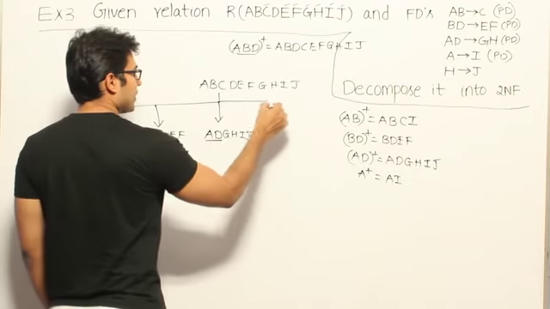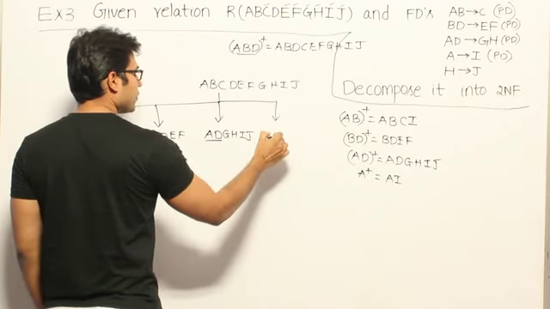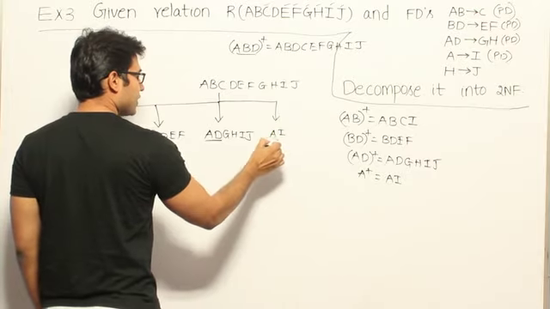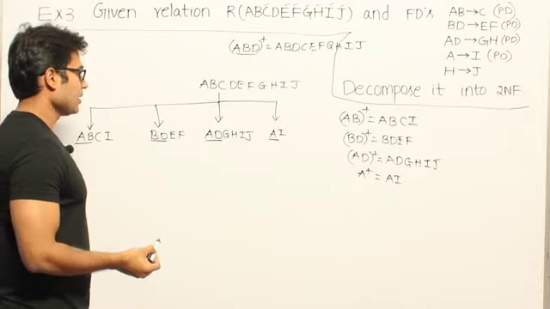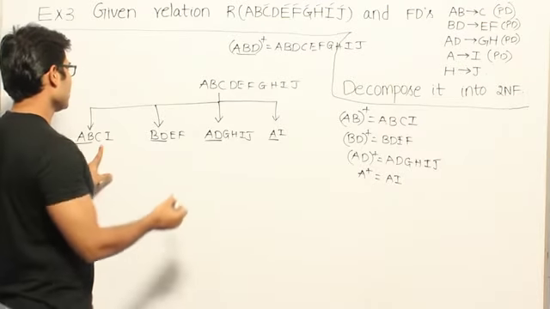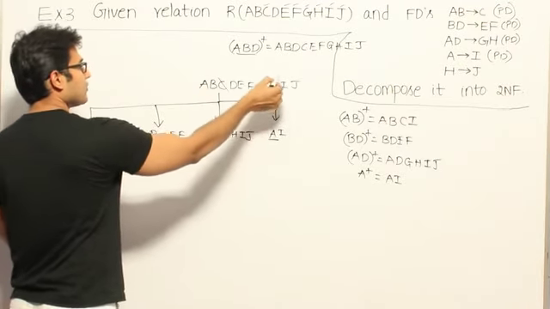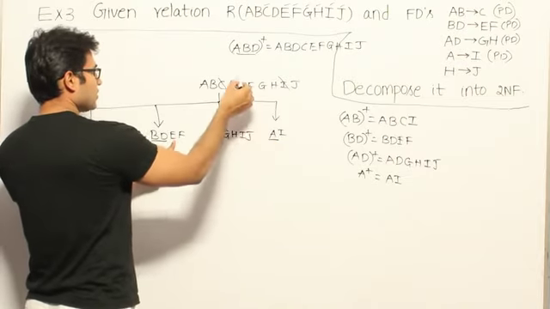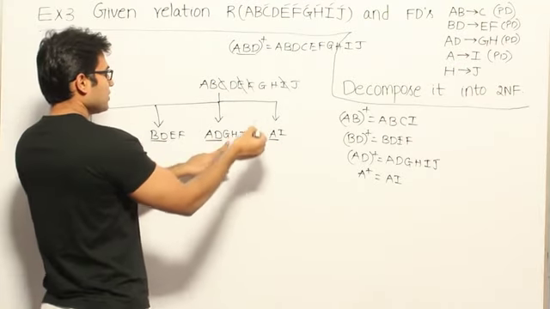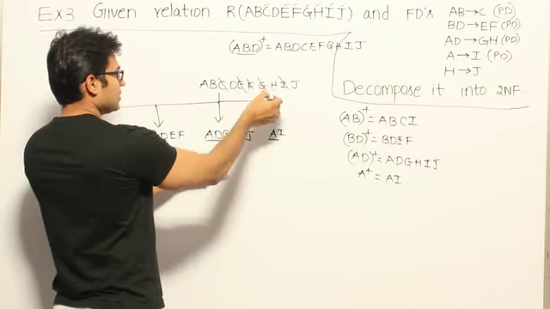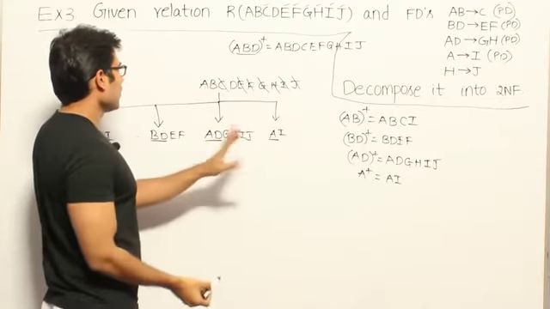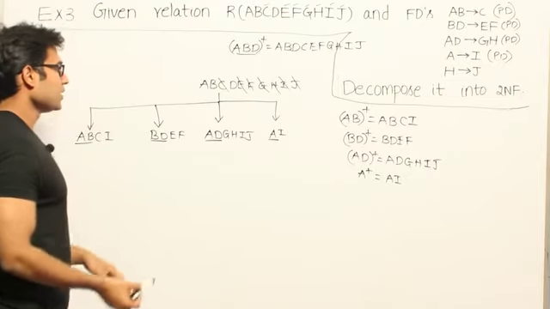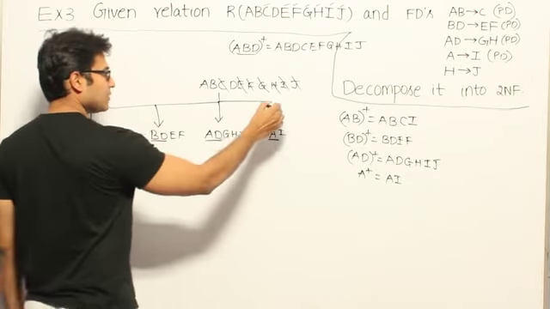And again because of A I am going to get AI, and A is the candidate key for the newly formed table. Now let's see what is all covered. CI is covered somewhere, and EF is also covered somewhere, and GHIJ are covered. Therefore everything is covered other than ABD, and anyway you are going to maintain a separate table containing the original candidate key.